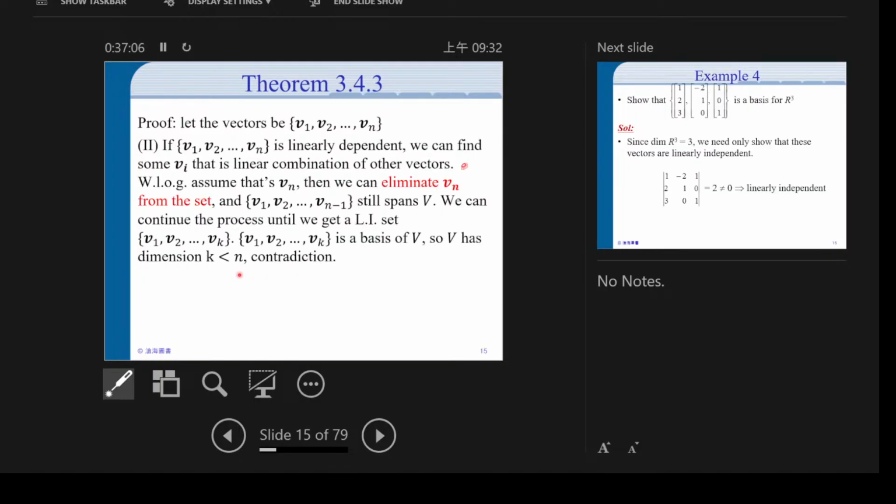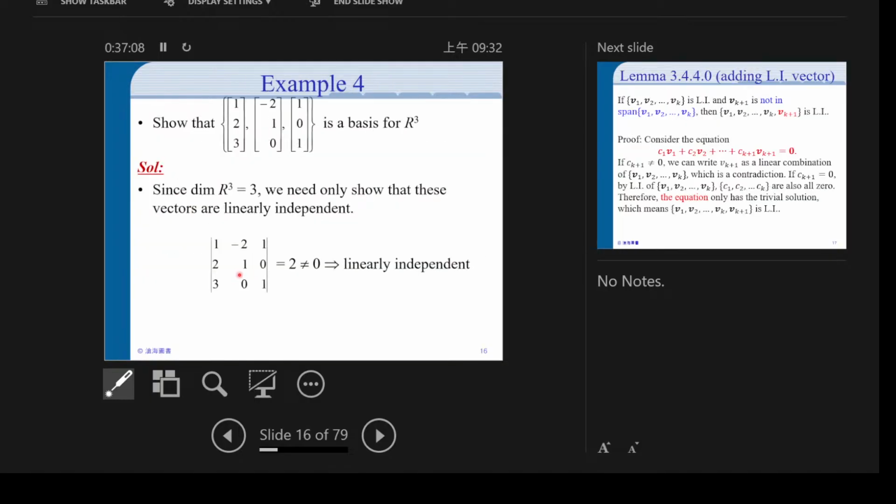Okay. And so we have a bit of an example of using this theorem. We want to check whether a set of three vectors is a basis for R3. By definition, to be a basis for R3 we need to check that they span R3 and they are linearly independent.